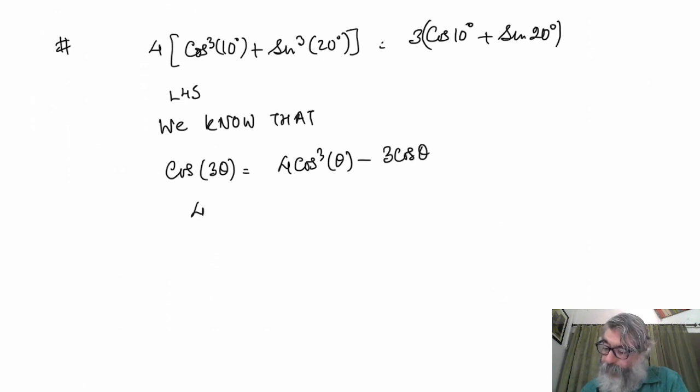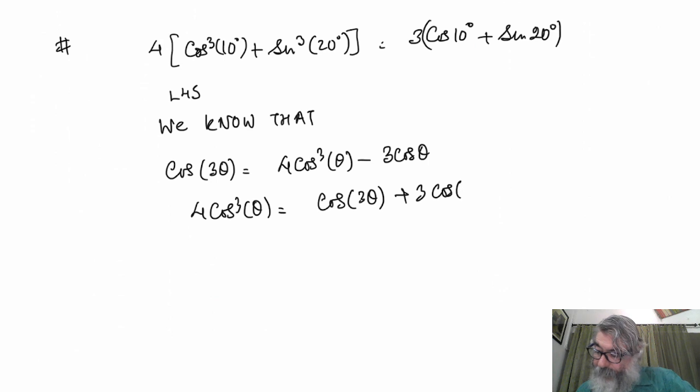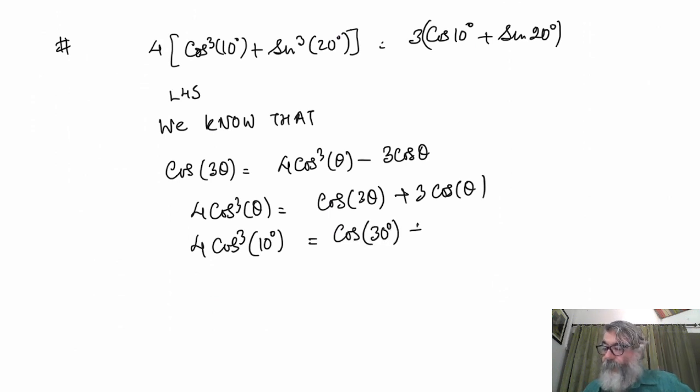So 4 cos cube theta will be equal to cos 3 theta plus 3 cos theta. Here it is 4 cos cube 10, so instead of theta I have 10. It will become cos 30 degree plus 3 cos 10 degree.